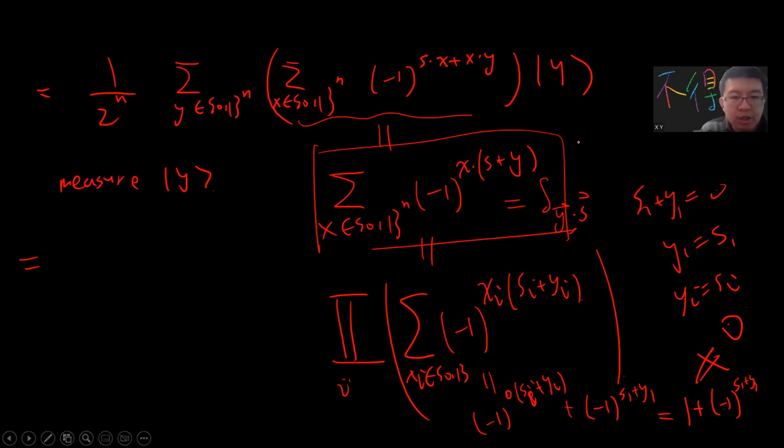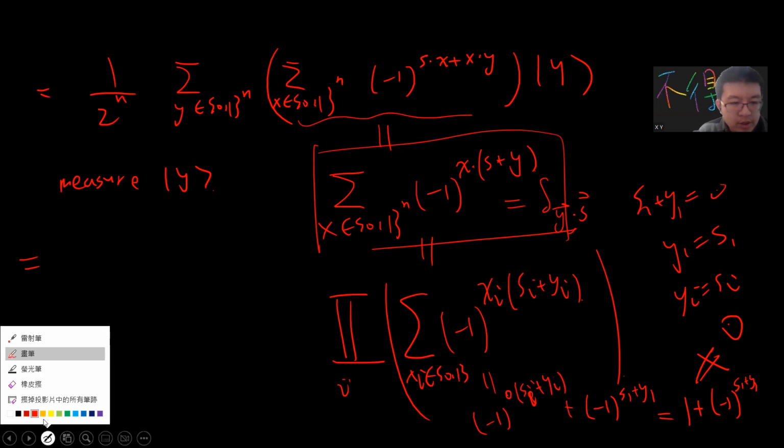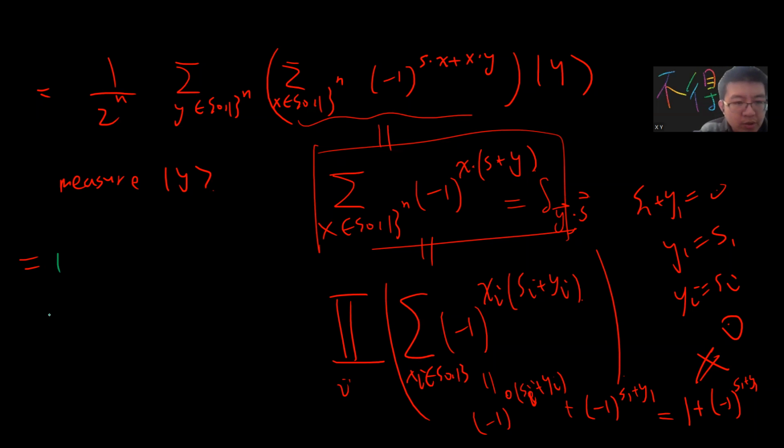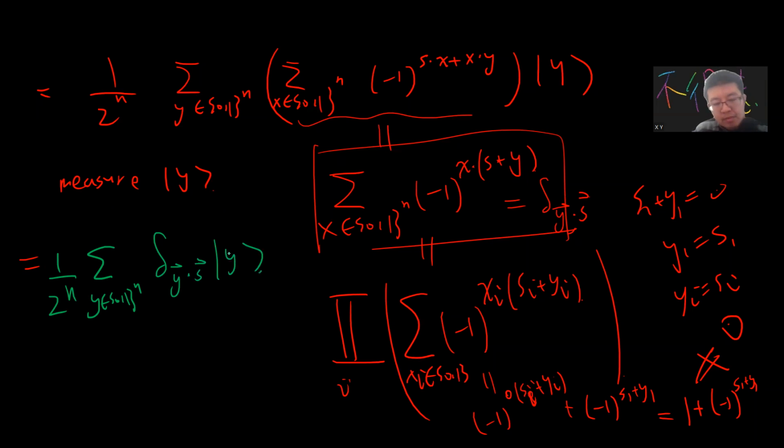So now I can rewrite this sum as 1 over 2 to the n, summation over y in {0,1}^n, and now this term must be y equals s.